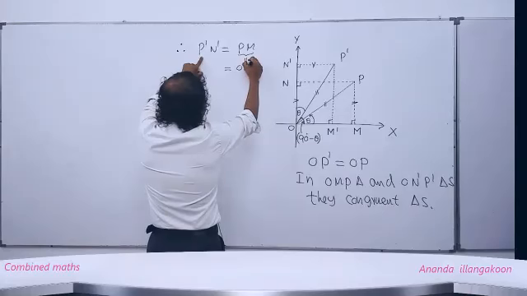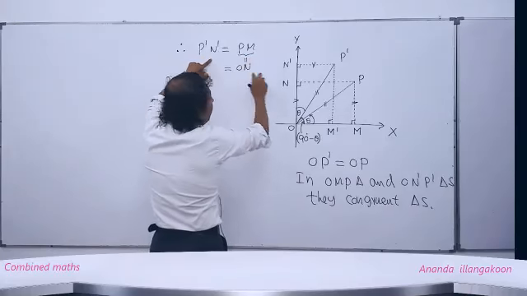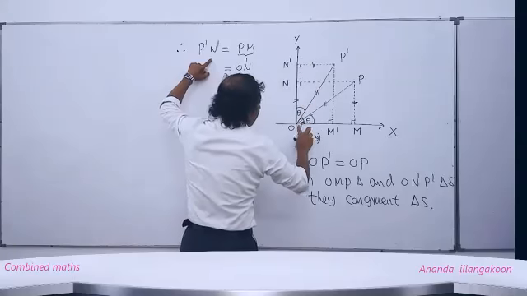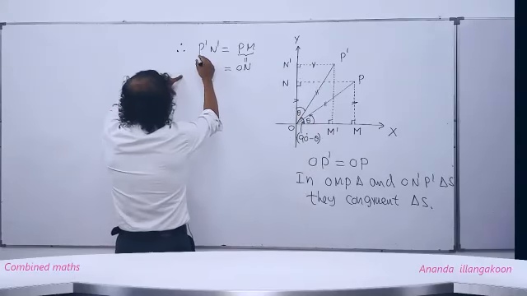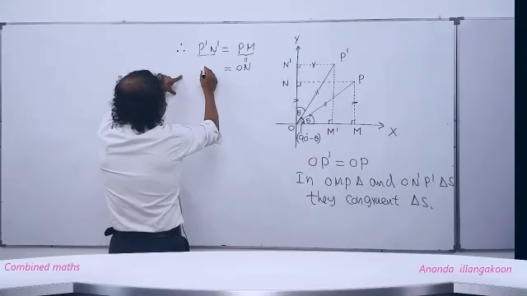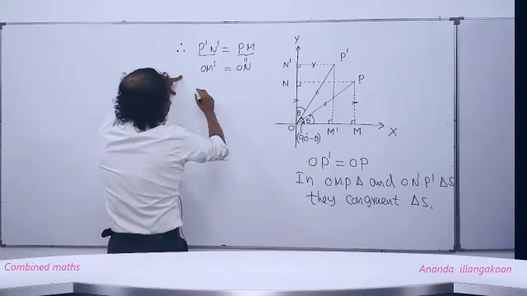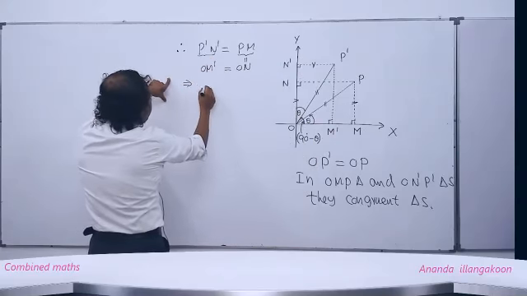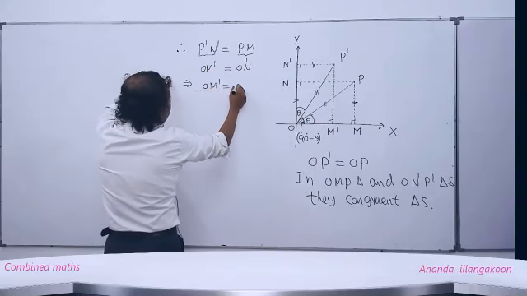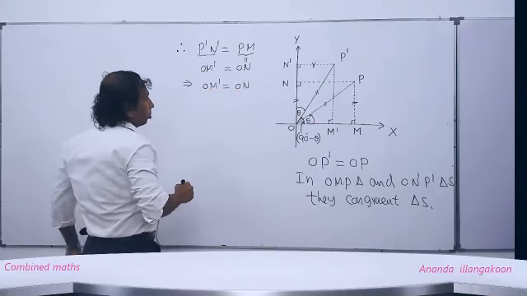This is equal to ON. P dash N dash is equal to OM dash. Then this implies OM dash is equal to ON. Right? First result.